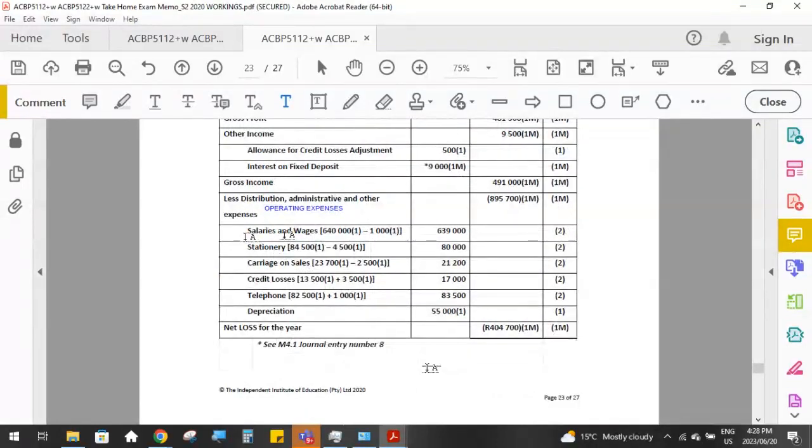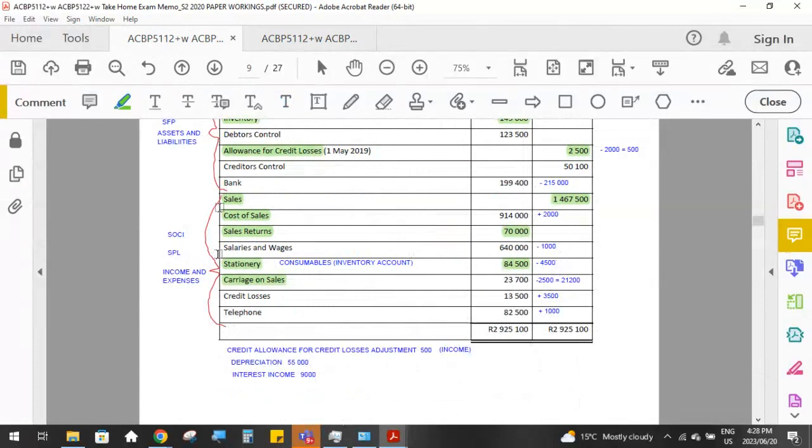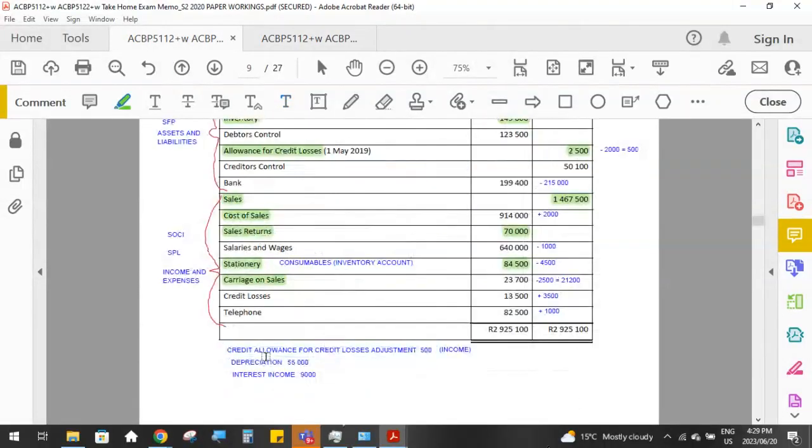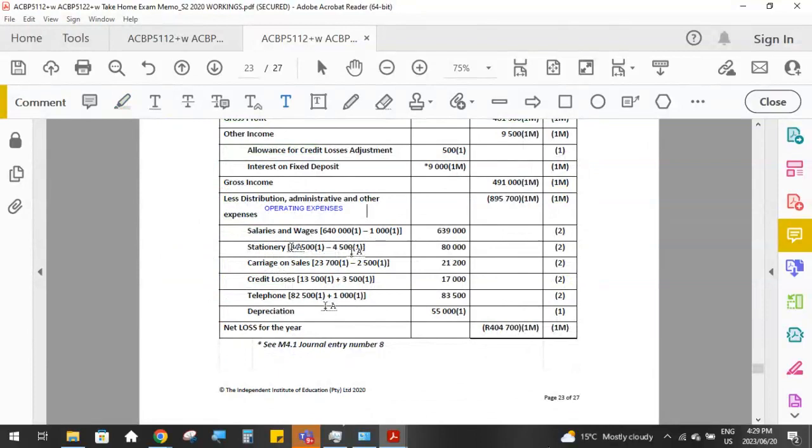We've dealt with sales, cost of sales, and sales returns. So salaries and wages is next. And remember, that's now going to be 640 minus 1,000 to make that correction. Then stationery is next, and we've got 84.5 minus the 4.5 that we've still got in inventory in consumables.